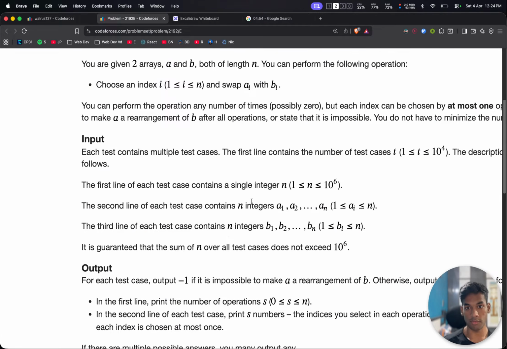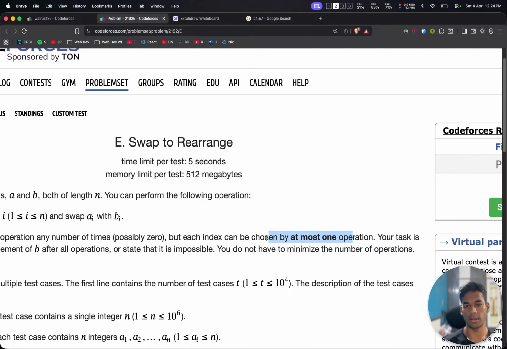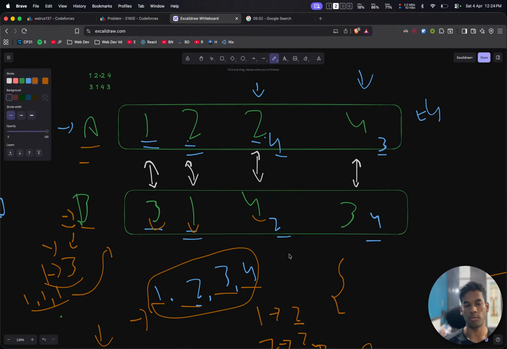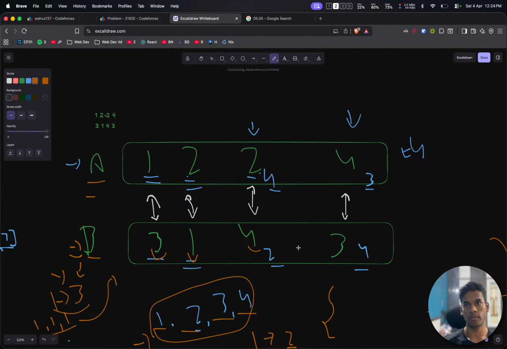And since we have the condition that at most we can do an operation only one time. No. I think yes, we can simulate this. No, we cannot.